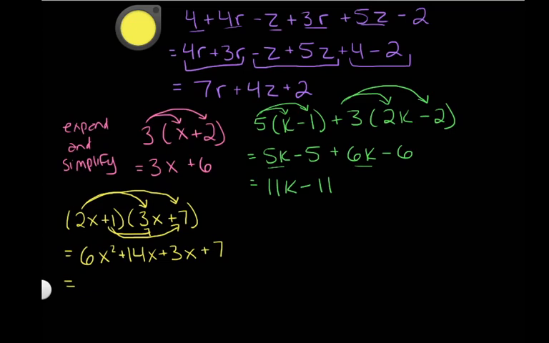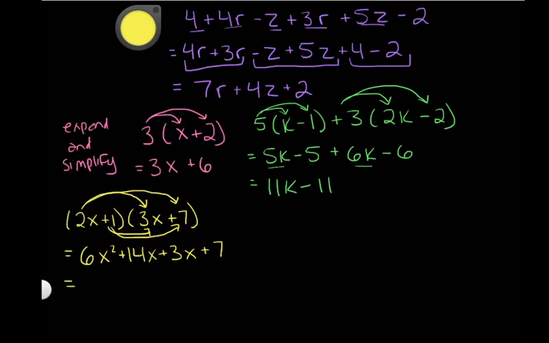Like terms, remember, have to have the same base. If I have 6x squared and 14x, I can't combine those because they're not the same. One has a base of x squared and the other has a base of just x. So we can't combine them because they're not like terms.